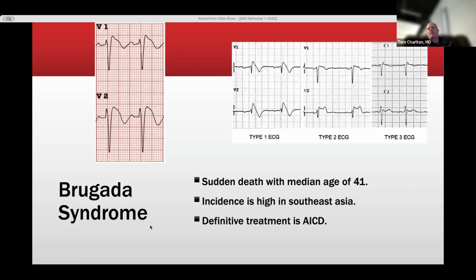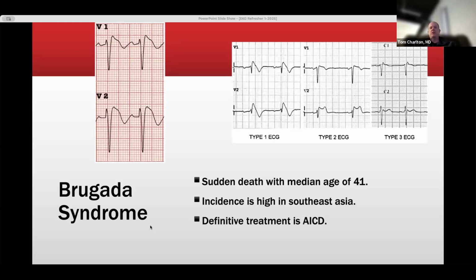These folks have a faulty sodium channel, and what happens is they will go into VFib arrest and die. This happens kind of at random, but enough that they developed a single word to describe it.